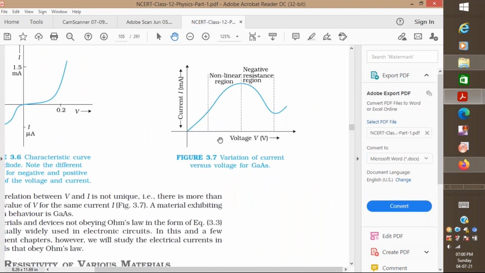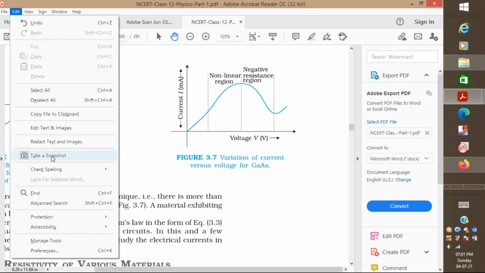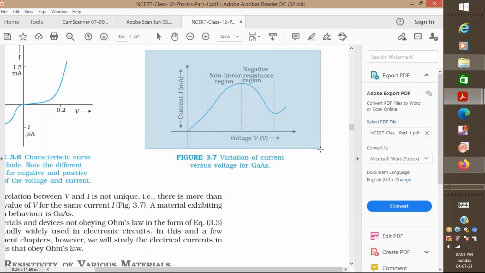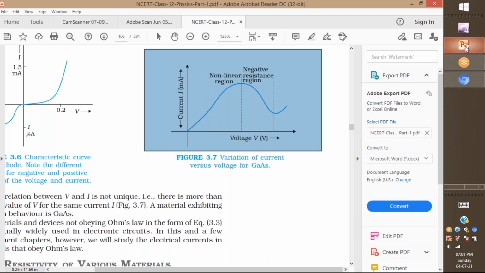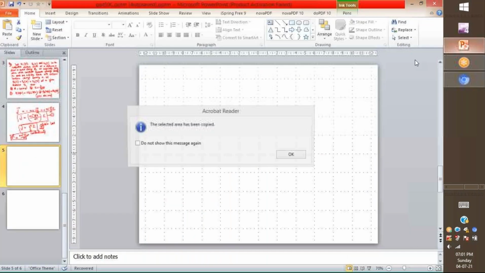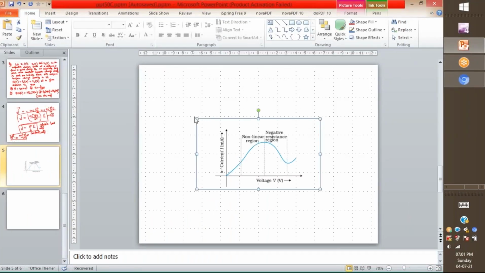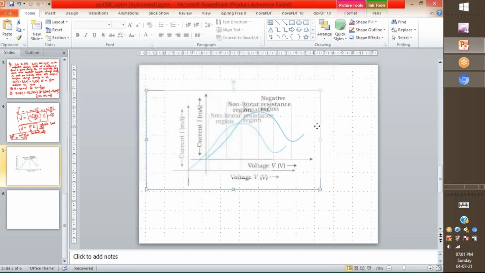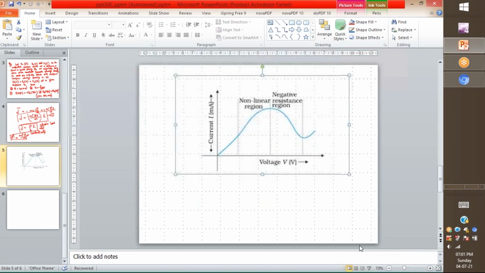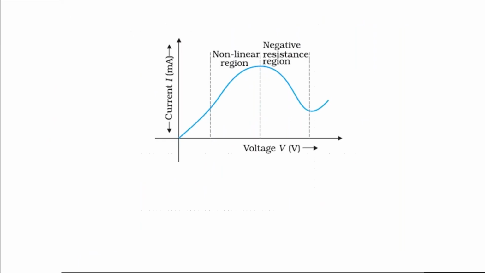Another situation we can get is where different values of voltage give the same current. Look at this figure, maybe I'll just take this figure and explain. Please be patient.